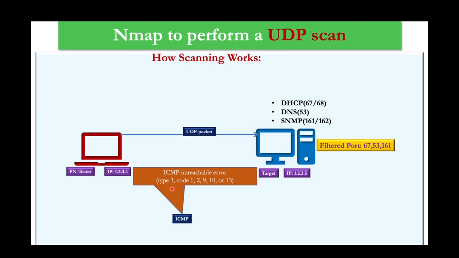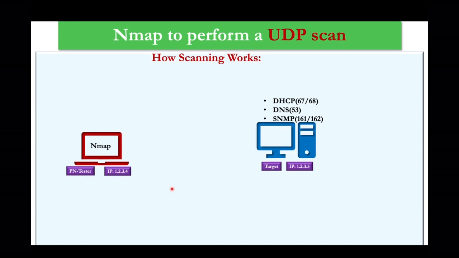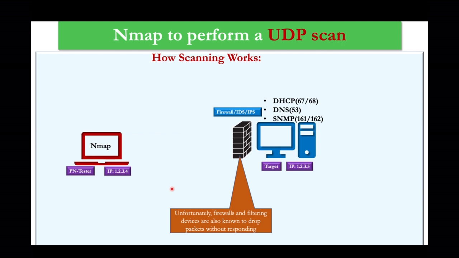The most curious element in this UDP scanning is when firewalls, IDS, or IPS are installed or configured on the target side. Unfortunately, firewalls or filtering devices are also known to drop packets without responding.